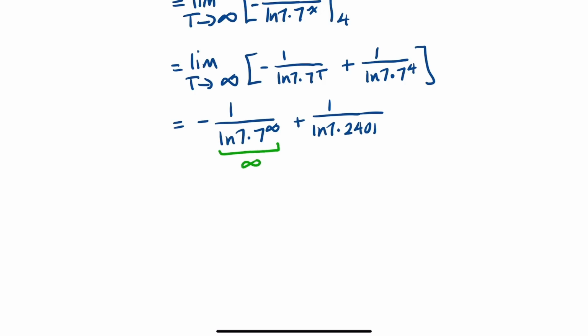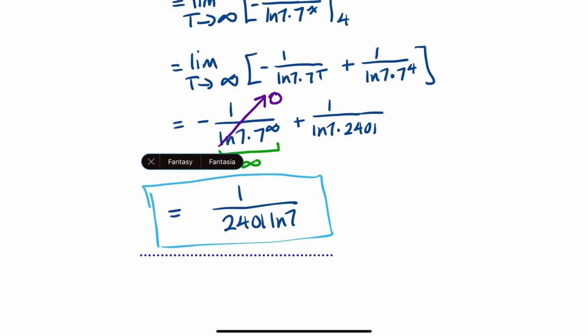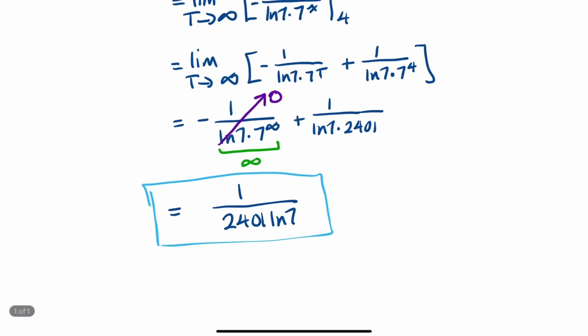And so what we end up getting here is some small number over a very big number. And so really, this is just going to approach 0, which just goes away. And so our final answer is going to be 1 over 2,401 ln 7. And as you can see, we got a finite value here, and therefore we can say that this is convergent.